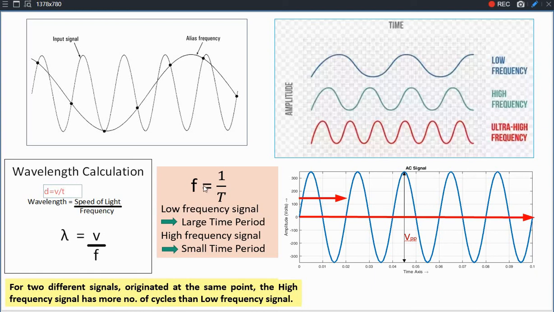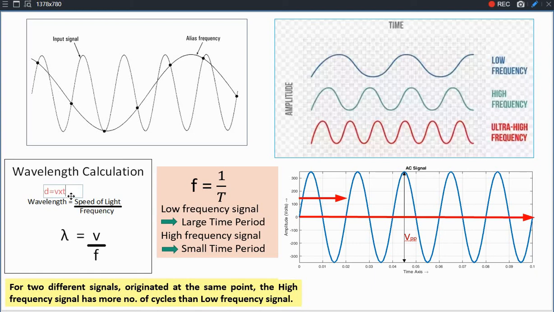And since frequency is equal to 1 by time, so what we can write, wavelength, one minute, I have made a mistake. Distance is equal to velocity into time.